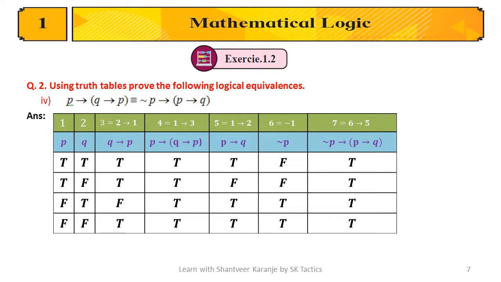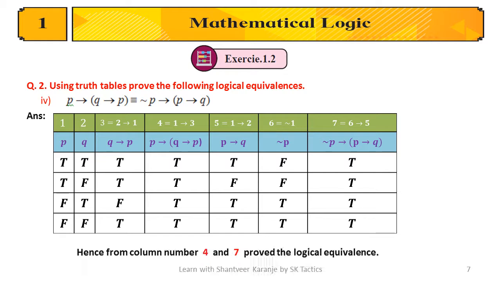So from column number 4 and column number 7, all values are identical. So we can say that from column number 4 and column number 7, hence proved the logical equivalence. Now we move to the next question.